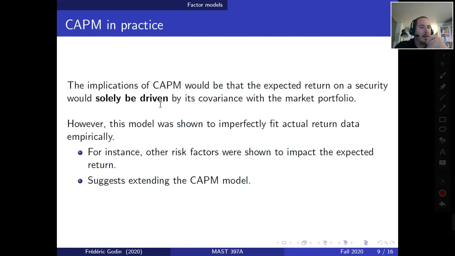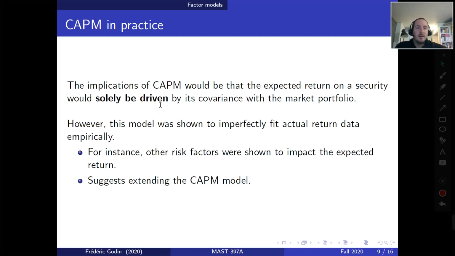It seemed that there are other factors or other quantities which were also characterizing the returns on the stock other than its covariance with the market portfolio return.